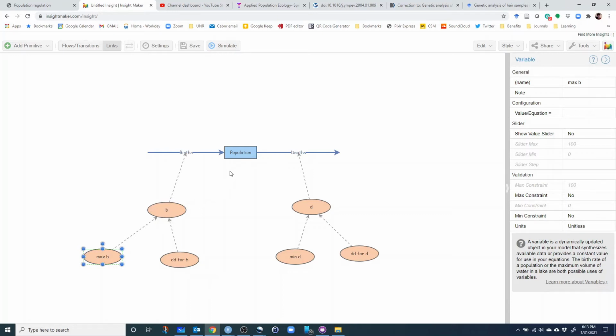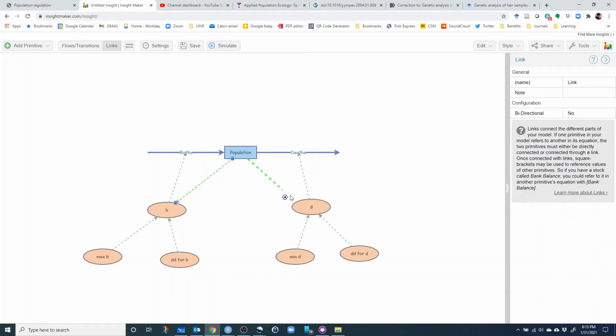So this is density dependence, right? So both B and D, the per capita rates, are going to be dependent on the population size or density. There we go. So we can represent this density dependence directly in this model using these links.